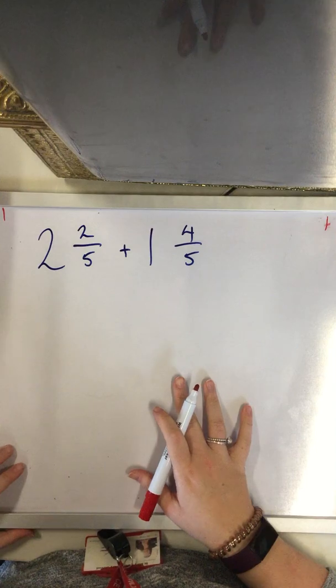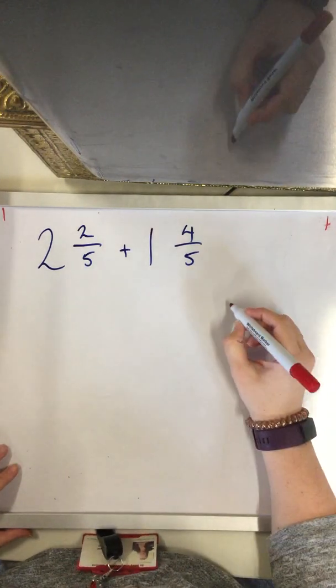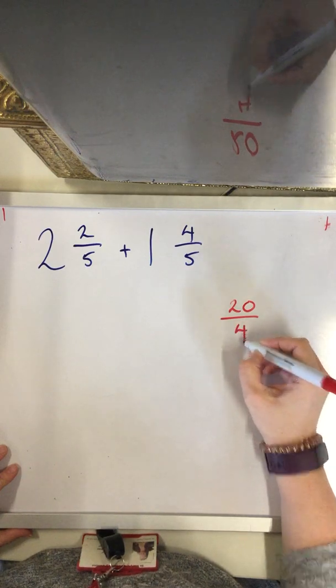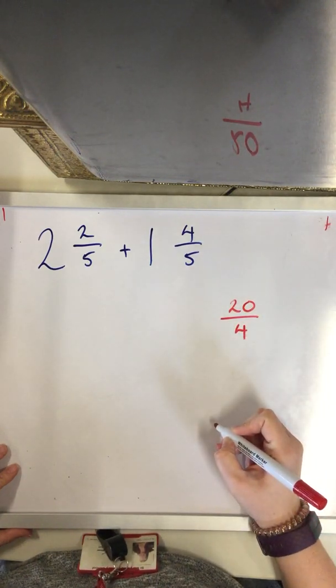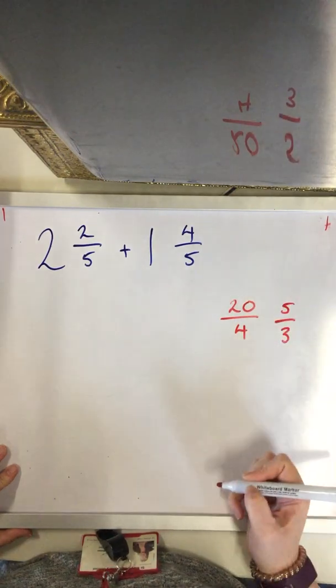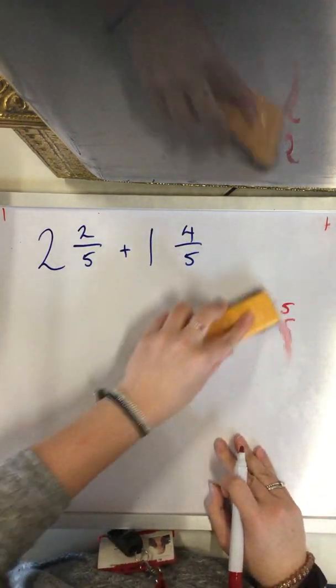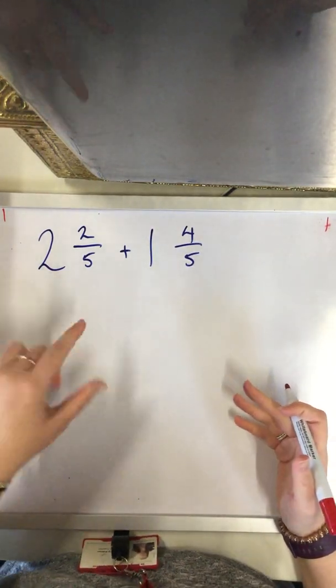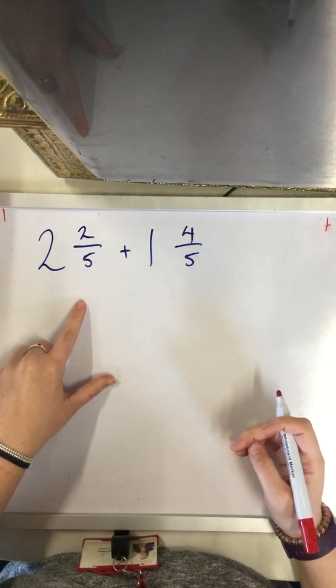If you remember from yesterday, an improper fraction is when you have the larger number on top, such as 20 over 4, such as 5 over 3. Any example where the numerator, the top number, is larger than the denominator.